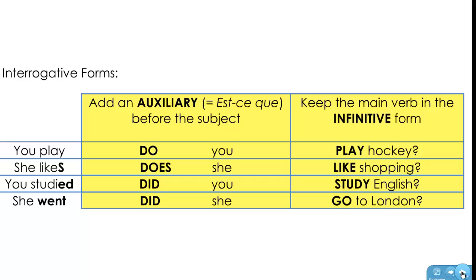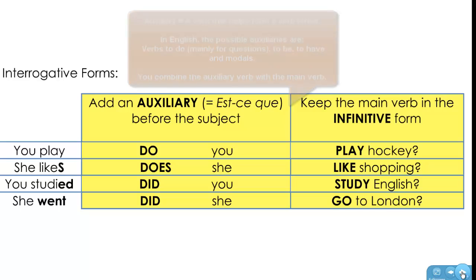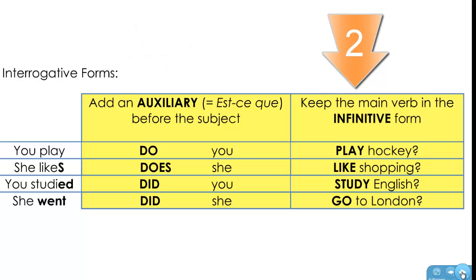For interrogative forms, what I have to do with the simple tenses, because they are formed only by the main verb, I need to go and get an auxiliary. So I need to add an auxiliary, which is the equivalent of our est-ce que in French, before the subject. That's the first thing. Then second, I need to keep the main verb in the infinitive form.